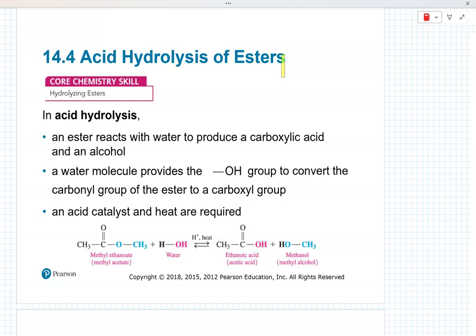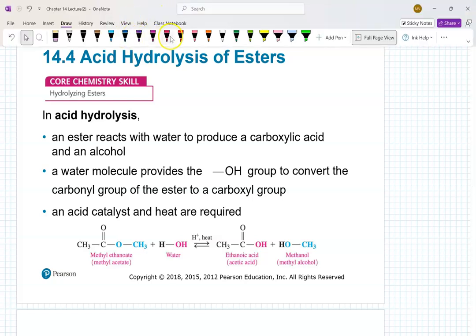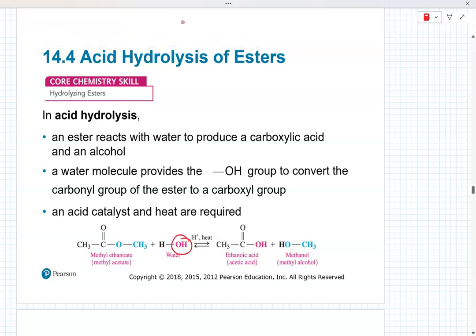So essentially what is happening here is that the hydroxyl group attacks the carbon, which results in the replacement of this OCH3 part with a hydroxide, and OCH3 plus hydrogen form methanol.